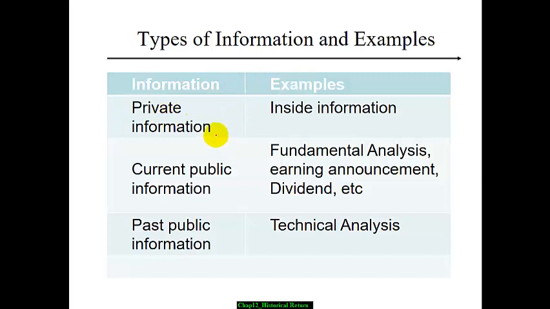Private information is not necessarily known to everybody, so a common example is inside information. Current public information: when you conduct a fundamental analysis, you look at the balance sheet, income statement, earnings announcements, dividend information. They are all based on current public information. Some people engage in technical analysis based on past returns, movements, correlations, and so on. These use information based on past public information.